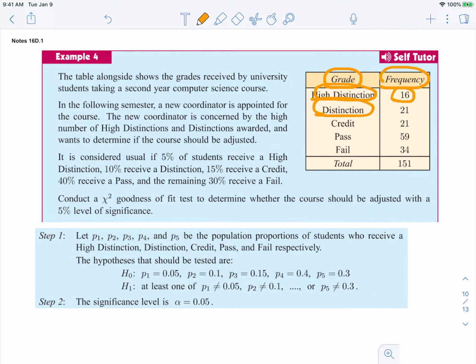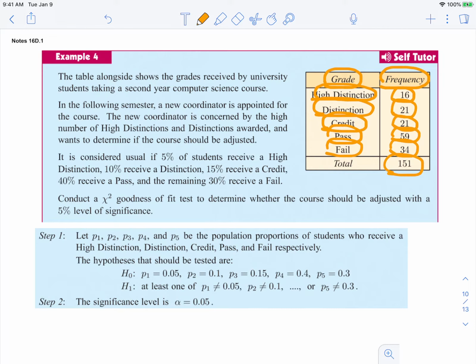In the distinction category, there were 21. In the credit category, there were 21 students. The students that passed the class numbered 59. And then there were 34 students that got a failing grade, giving you a total of 151 students.